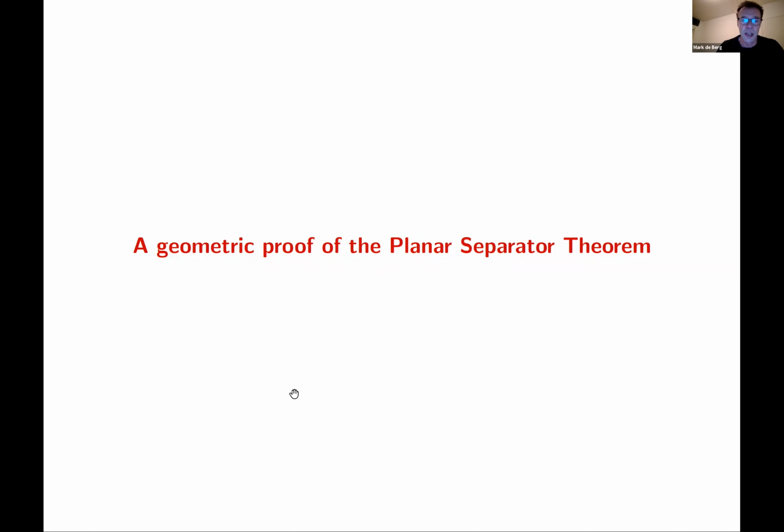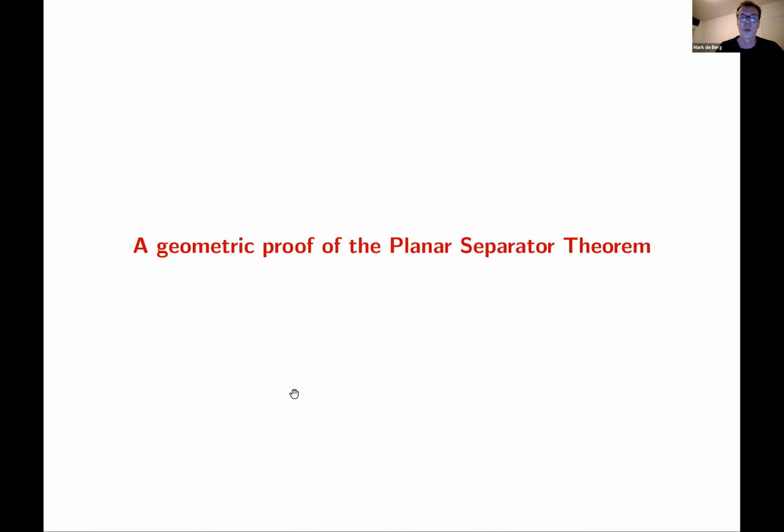So the next thing is I want to show you a very nice geometric proof of the planar separator theorem. The reason I'm showing it is that the more complicated separator theorem for geometric intersection graphs that I will show later has a proof kind of similar to the one I'm going to explain now, but a lot more tricky.